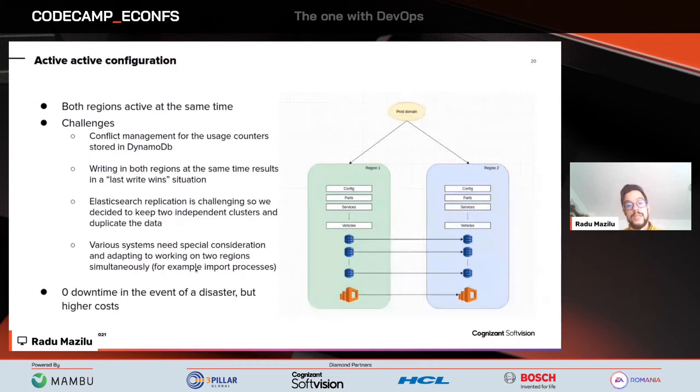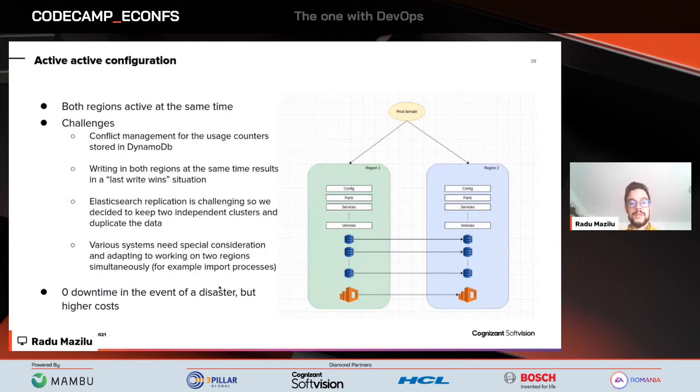And what we also need to take into consideration is how we handle all the systems working in parallel. For example, we have an import process that contacts an external API, marks what we processed from their entries, and writes to a third party.